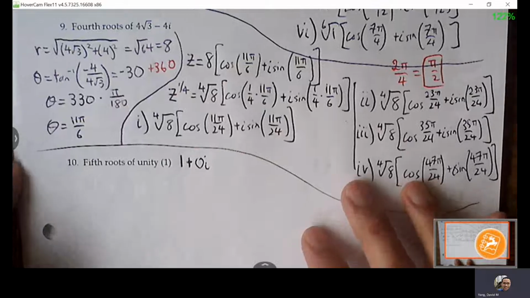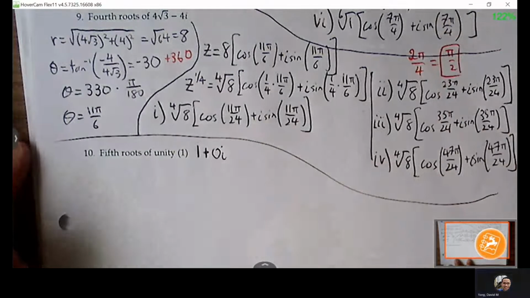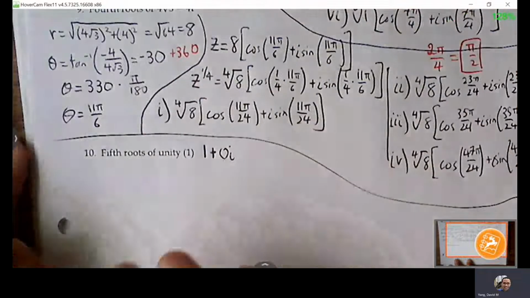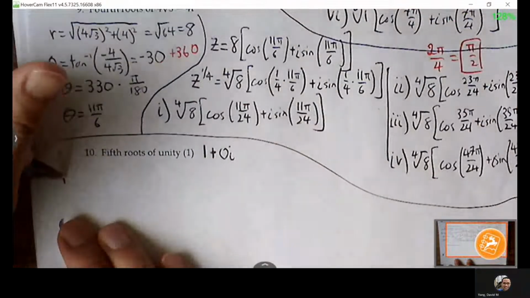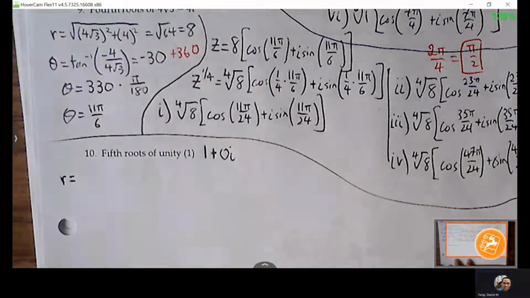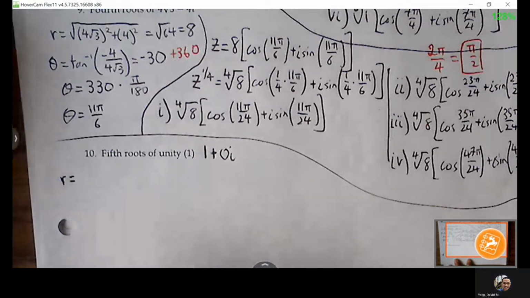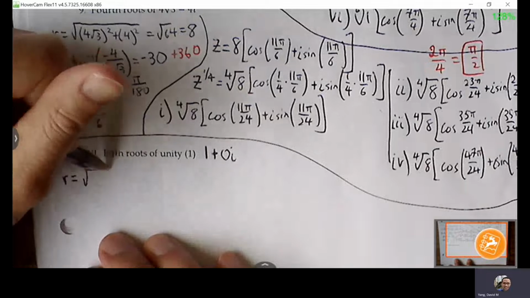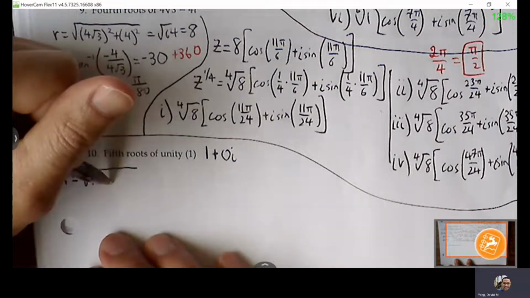Okay, so you go through your same steps, find your r, find your theta. The square root of a squared plus b squared.